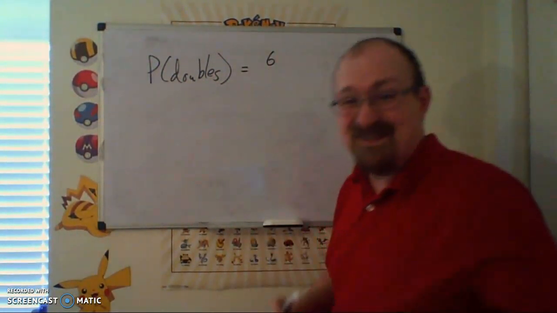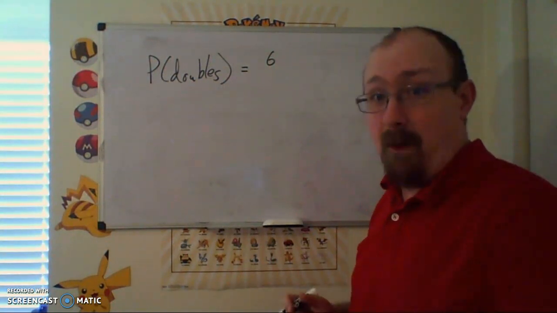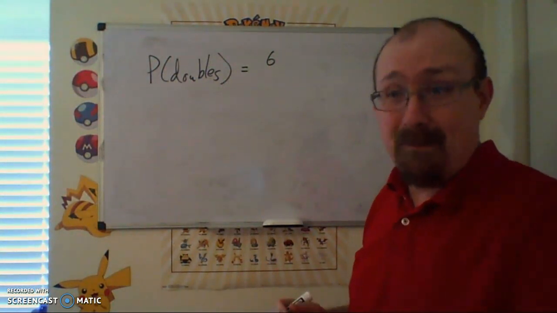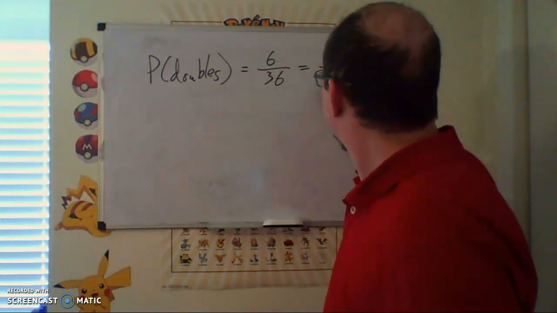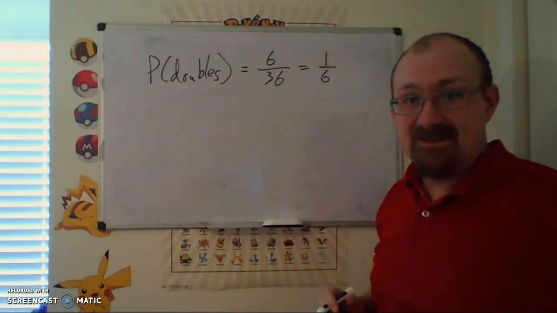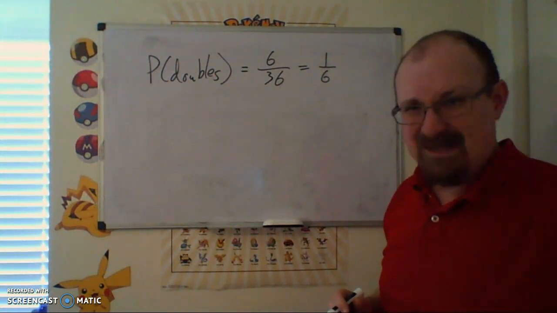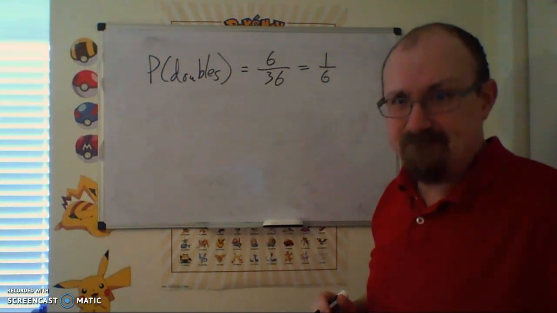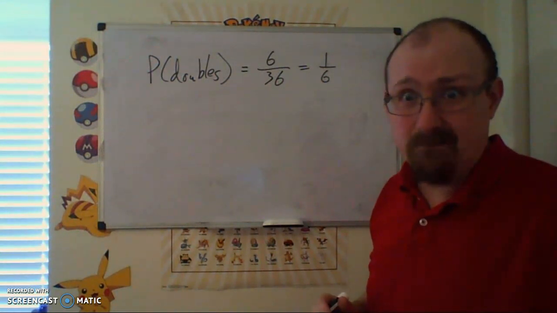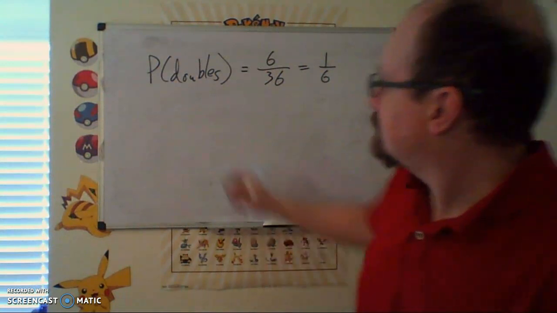So we actually only have 6 possible rolls that would give us doubles. And we said last time the sample space here is 36. So our probability is just 1/6, a little less than a 17% chance if you turn that into a percentage. That's not good. It's looking bad. I'm not going to lie.